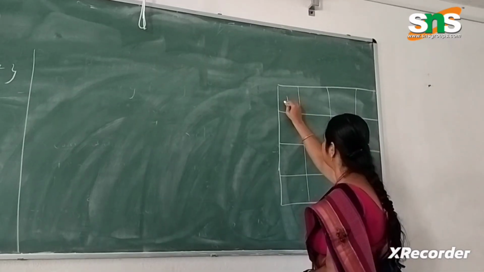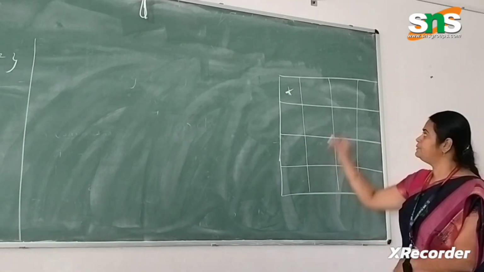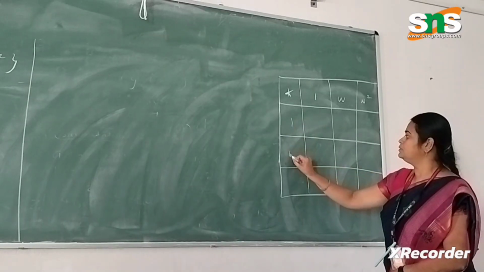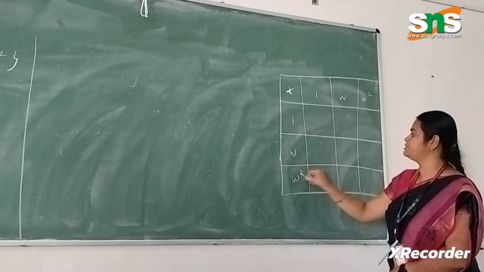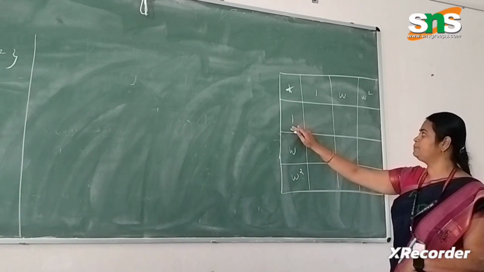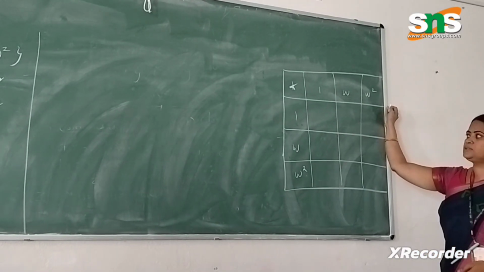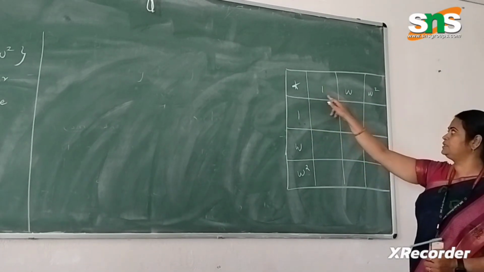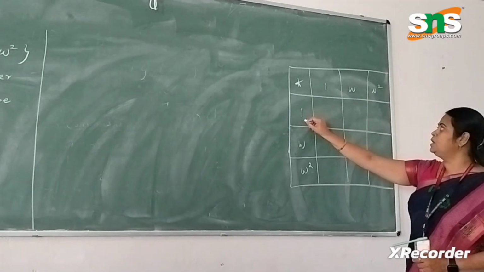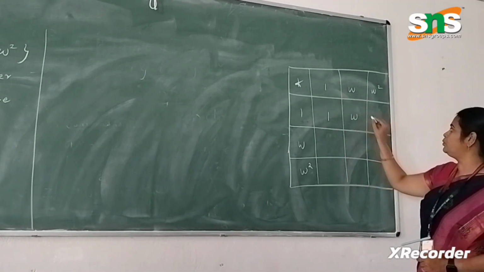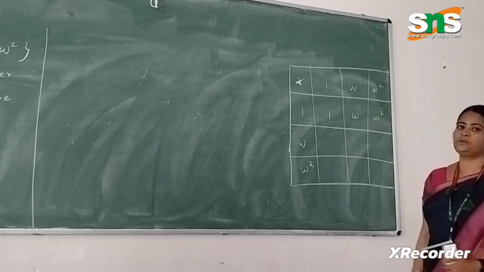Here multiplication is the operator, and the elements are 1, omega and omega square. Let me write them in the first column and first row. Here you have to multiply 1 with all the 3 elements. When you multiply 1 with each element, 1 into 1 is 1, 1 into omega is omega, and 1 into omega square is omega square.